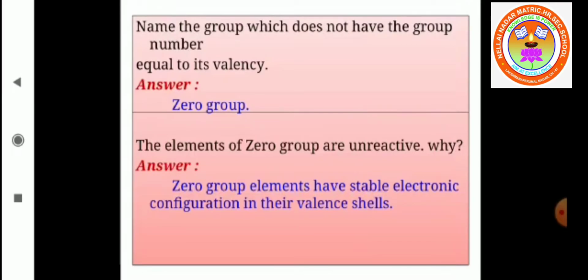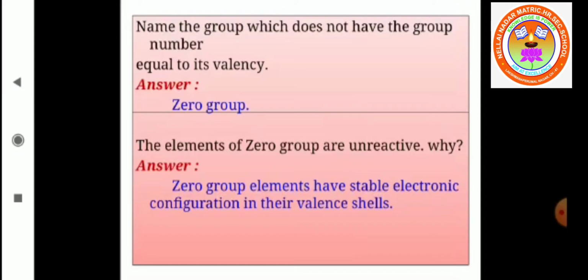Okay, the answer is 0 group. 0 group or noble gases. The name 0 group we are giving, but it has got 8 electrons in its valence shell. So the name of the group doesn't match with the valence electrons present in the group. Okay children? We have given the name 0 group for the 18th group. 18th group in the modern periodic table is also called 0 group.